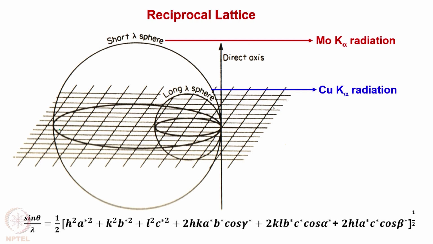So for radiations with smaller wavelength, we should have a larger sphere as shown here in case of Mo K alpha radiation, and in case of longer wavelength like copper K alpha radiation, where the wavelength is nearly double that of molybdenum, the sphere that is constructed is of smaller volume or smaller diameter.